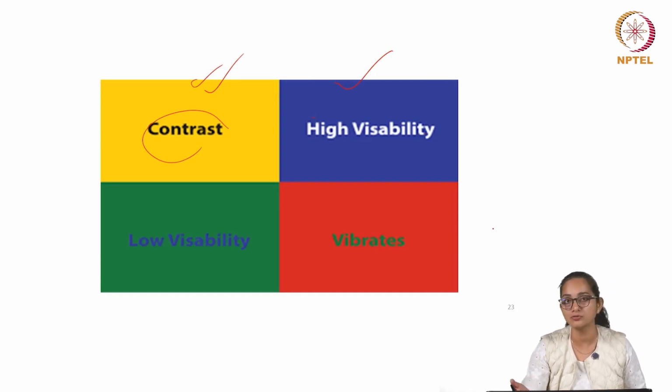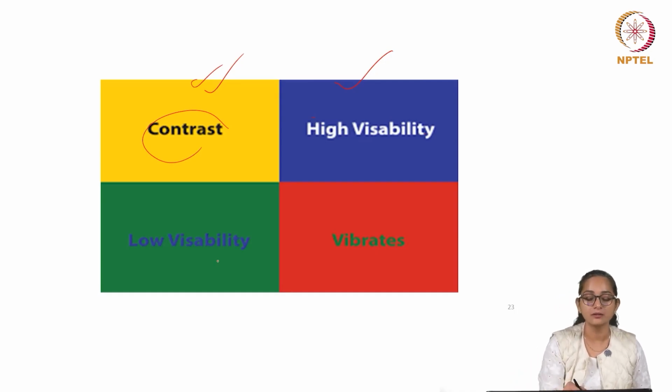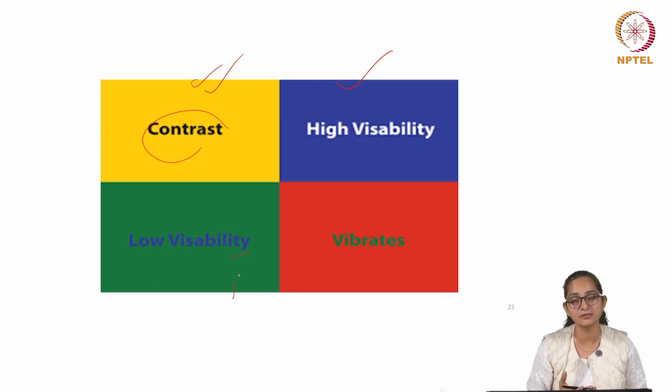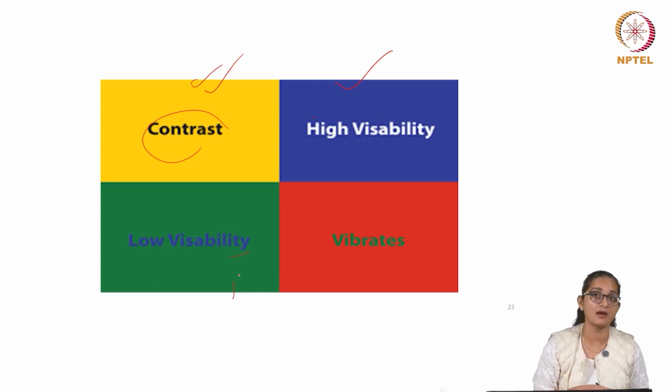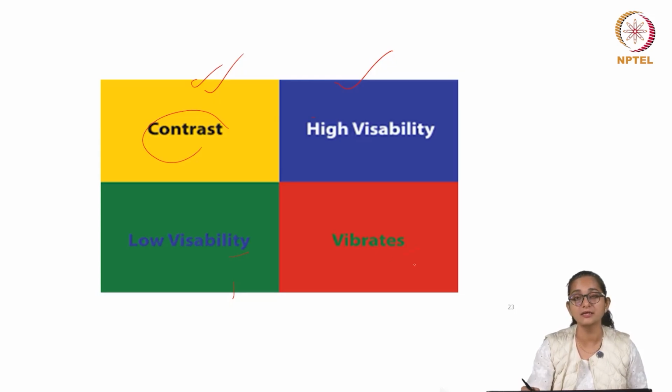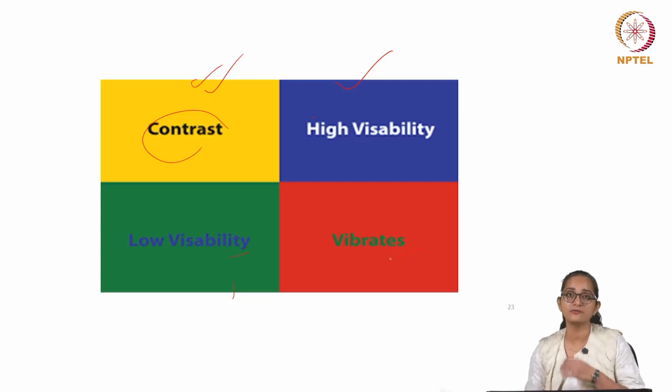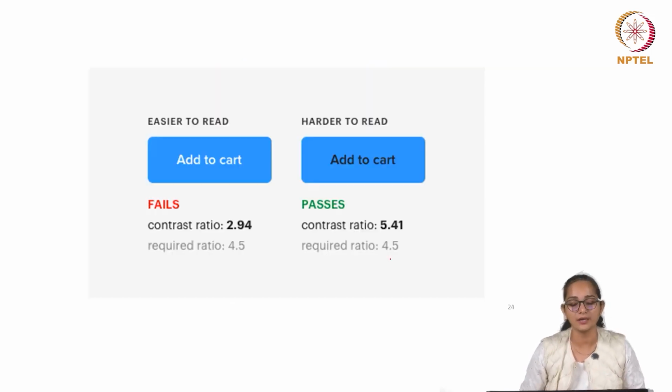White on blue is also very highly visible, but blue on green has low visibility despite the fact that it may have the right color contrast. And similarly, green on red also the edges become vibrating, which again becomes a little bit of a difficulty to be read.